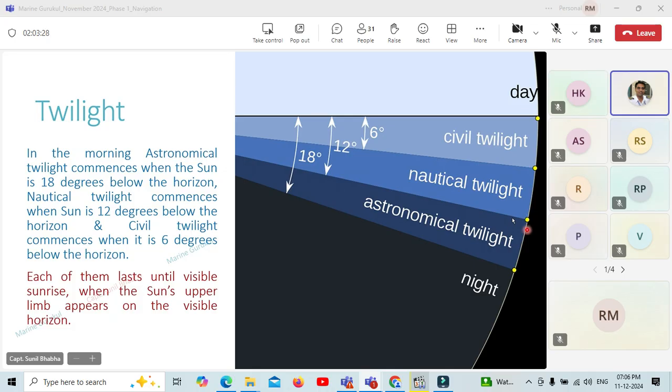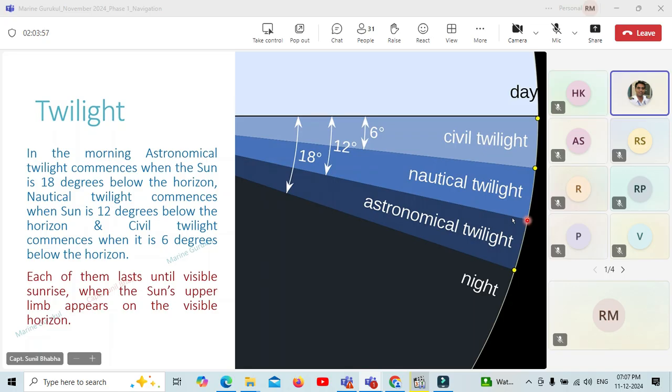If you go beyond this period into the dark blue zone, the sun is 18 degrees to 12 degrees below the horizon. With the sun more than 12 degrees below the horizon, there is very little light for the horizon to be clear to us. The horizon may not be very clear because the light we are receiving is very, very low.